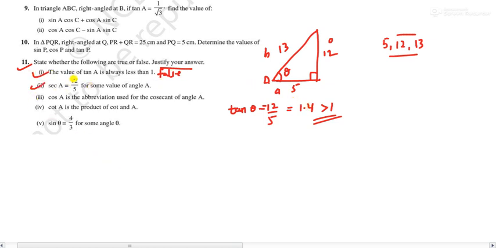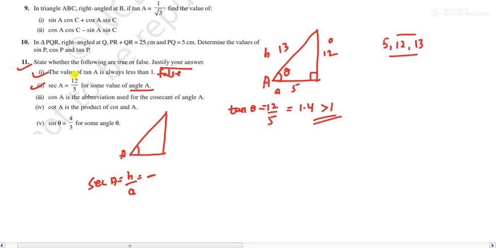Second question they have given: sec A is 12 by 5 for some value of angle A. Is it possible? Let us check. You will take the same thing. They have given 12 by 5. Okay, let me draw another figure. So A is here. What is sec A? Yes, it is the reciprocal of cos A, which is H by A. So H should be what?